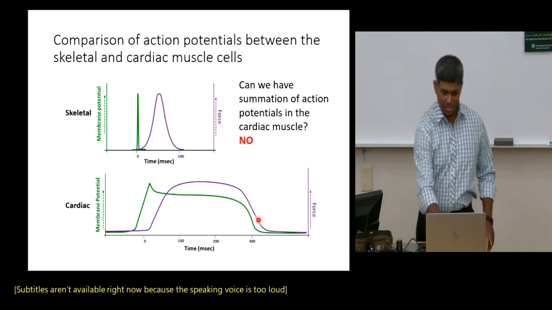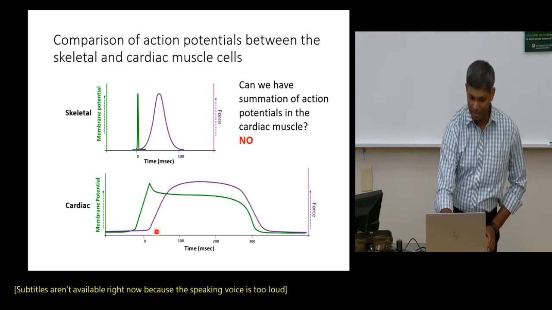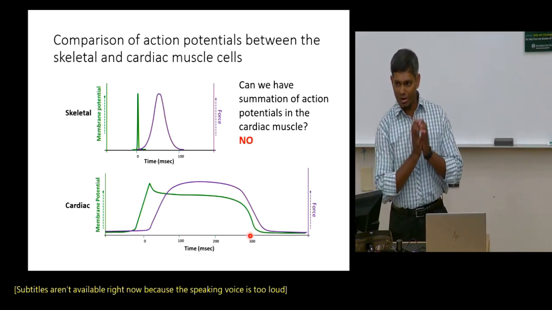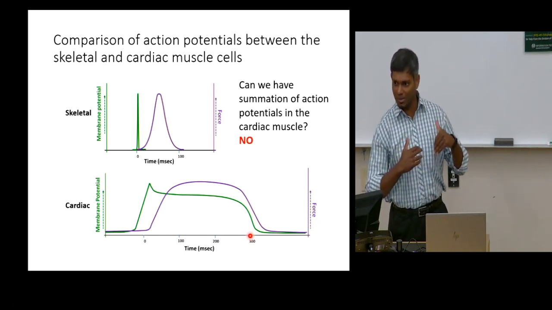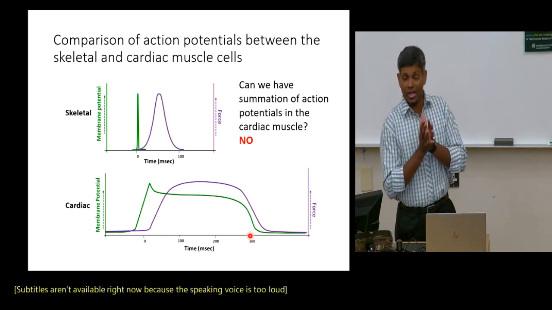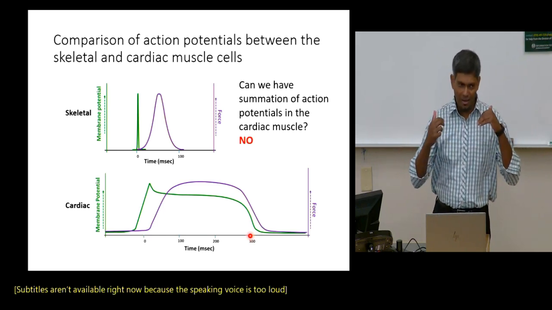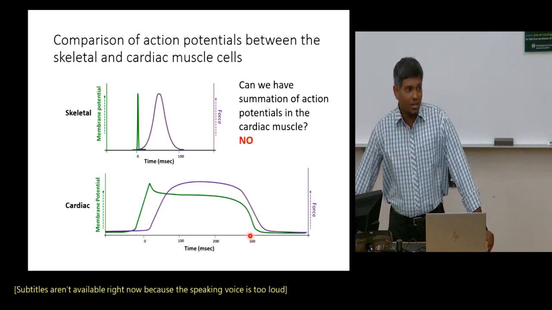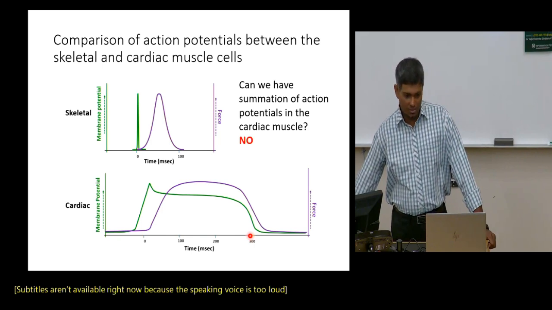And this is extremely important because if there is this refractory period for a long time, then the cardiac muscle has got sufficient time to relax, and the relaxation of the cardiac muscle is important so that it can fill with blood for the subsequent beat. If you have tetanic contraction, the cardiac muscle is not going to relax. As a result, it won't fill with blood, and so the amount of oxygenated blood sent to the rest of the body will be severely impaired. Does it make sense? Why this is important?